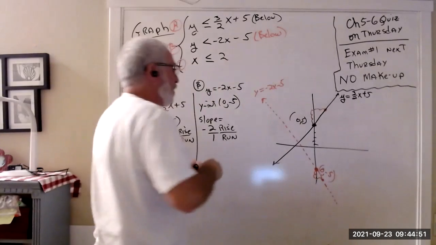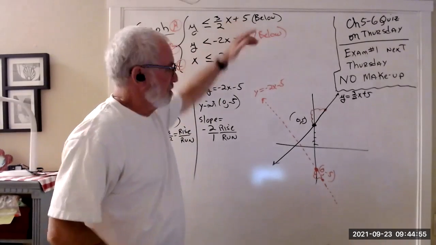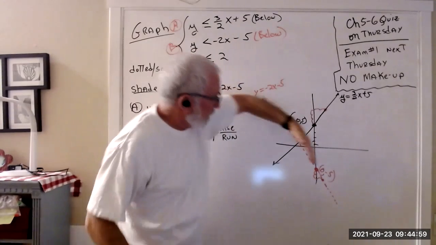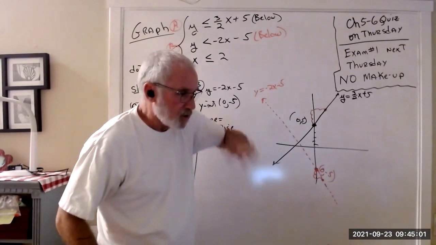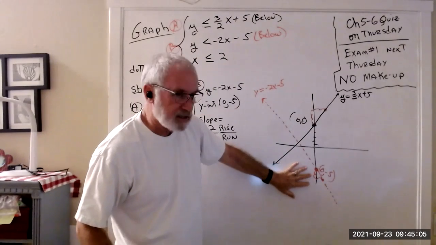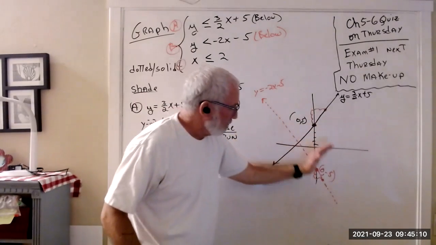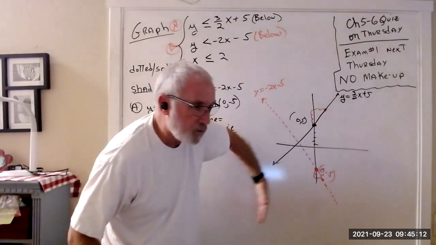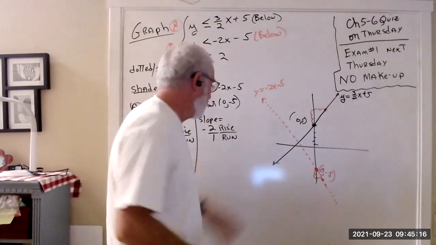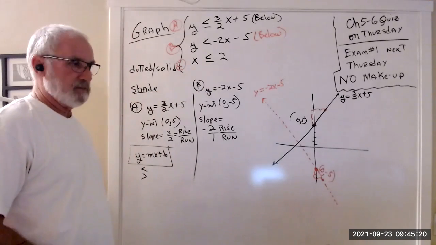Think about this: I'm going to be below the black line, and I'm going to be below the red line. So already I can see that I'm going to be in here, below the black and below the red. But there's one more thing here.